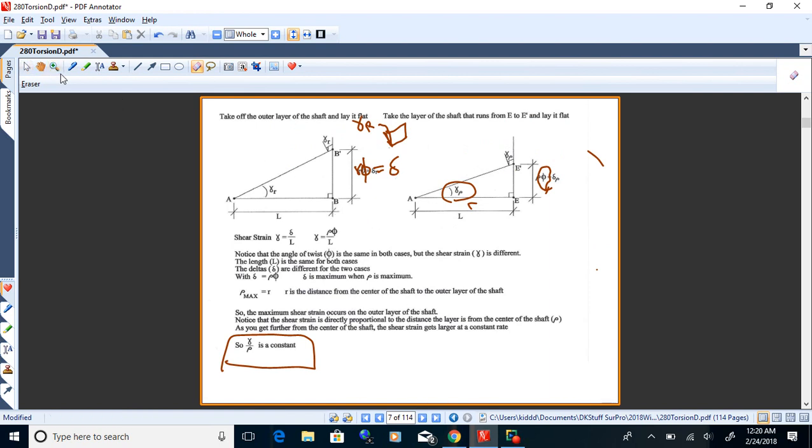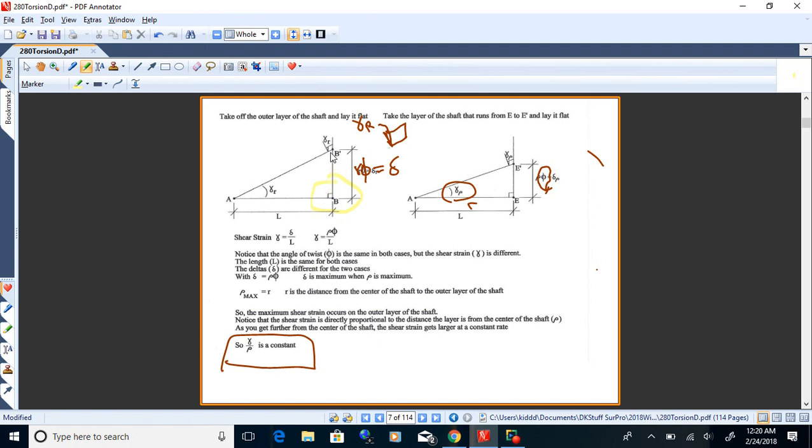Now, if we look at a little square that we could draw right in here at B, when this B rolls up to B prime, that square is going to turn into a rhombus. Okay, and there'll be a little angle in there. So if you look at what's happening to this little square element, we have shear strain going on there.